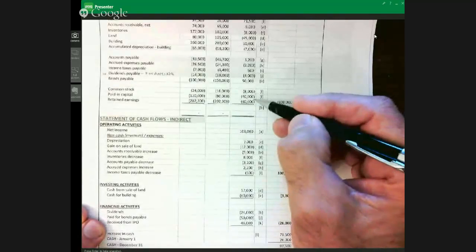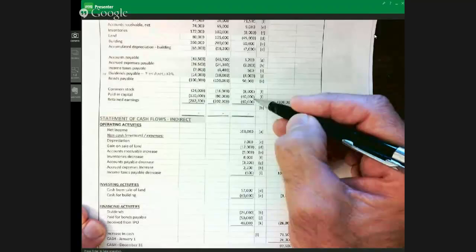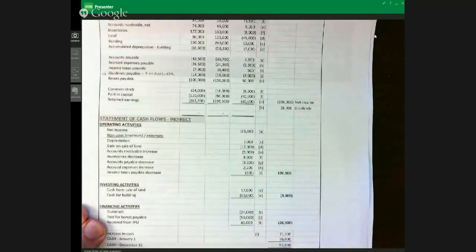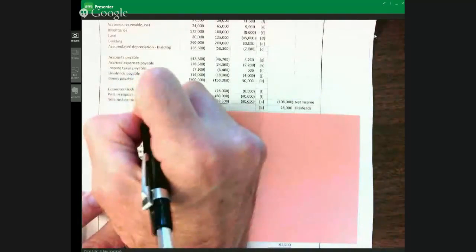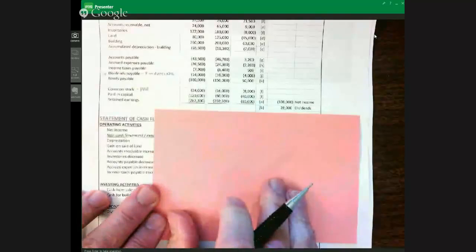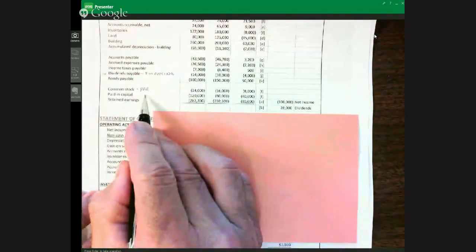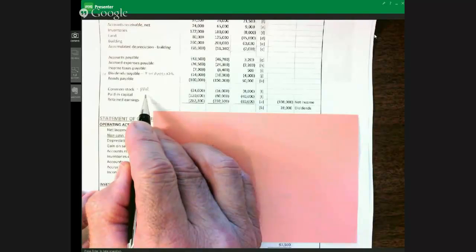Another item to remember. Common stock and paid-in capital go together. In other words, when a company reports common stock that is sold, only the par value will be entered into the common stock account. Any excess of the IPO selling price over the par value is included in this account, additional paid-in capital.